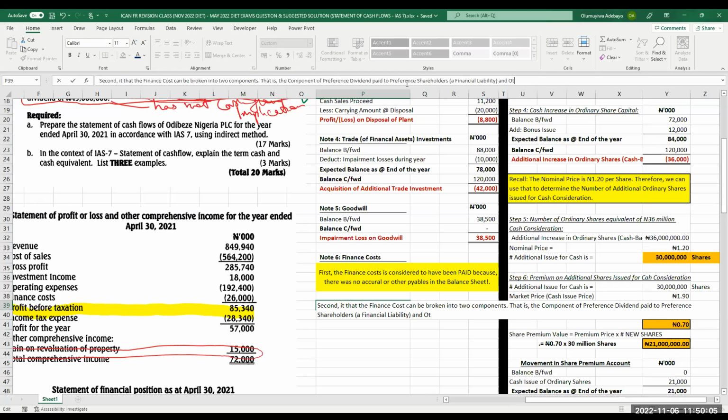and other borrowings, which may have been paid down in the year.